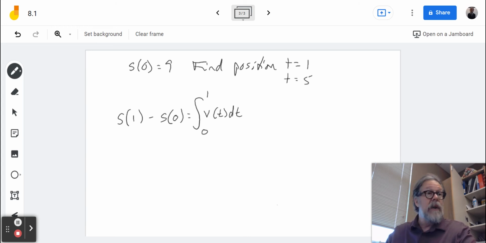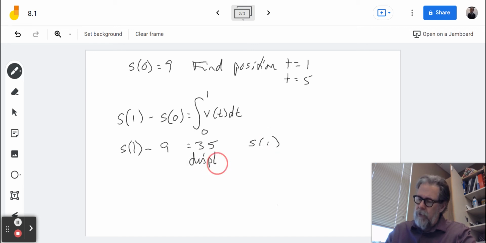But what we know is that this is equal to 35. S of 1 minus 9, which means that we have moved a total of 35 units since we started counting. But it also means that my position is equal to 44 units.